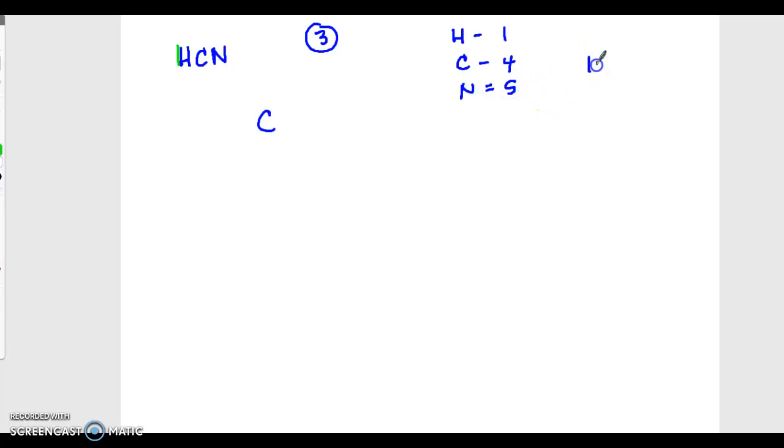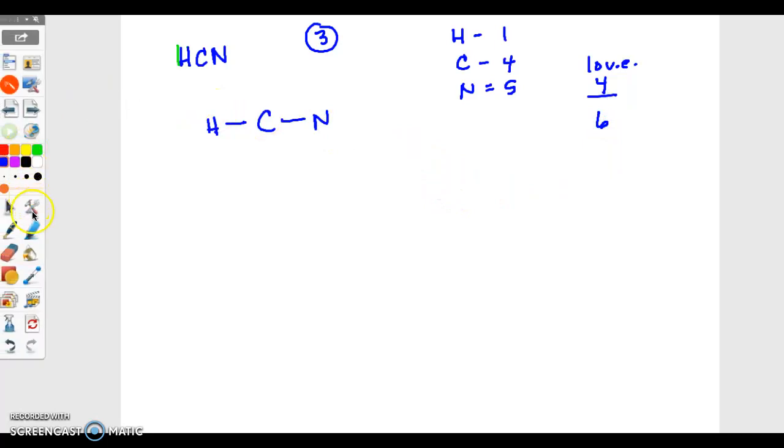So altogether I've got 10 valence electrons. Carbon's in the middle, hydrogen on one side, nitrogen on the other. Now I've taken care of 4 valence electrons. I have 6 left.